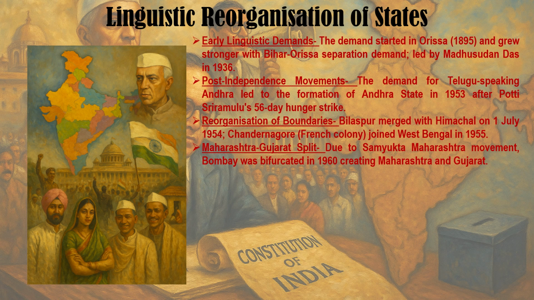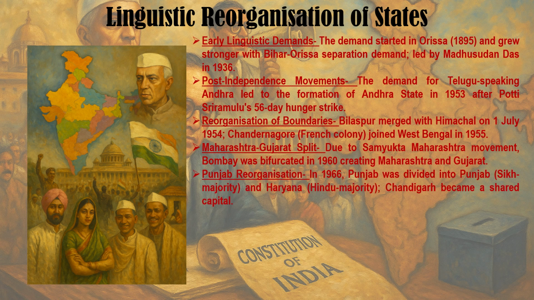So there was the province of Bombay, and the people under the Samyukta Maharashtra movement revolted against it. So the entire province of Bombay, I am not talking about the city of Bombay, I am talking about the province of Bombay, was divided, and Maharashtra and Gujarat were the two independent states created. In 1966, Punjab was divided into Punjab and Haryana.